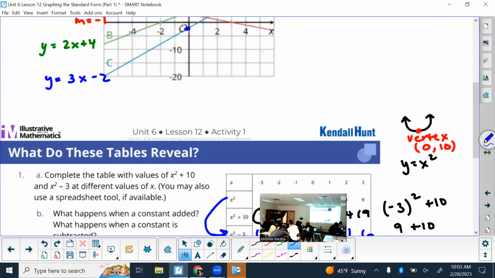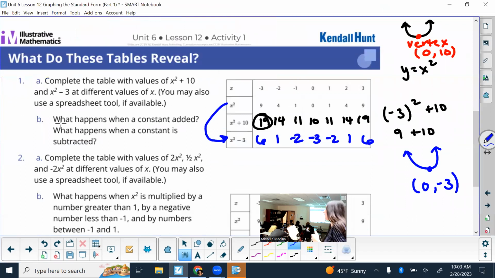So to summarize that and answer that on your paper, because that's why this is important. When you add, the graph moves up. When you subtract, the graph moves down.